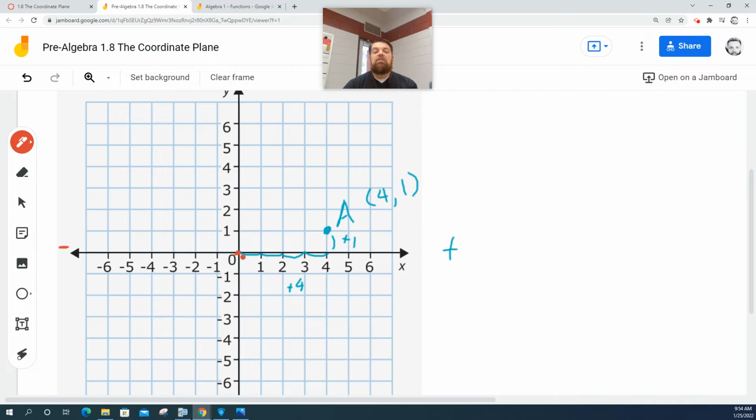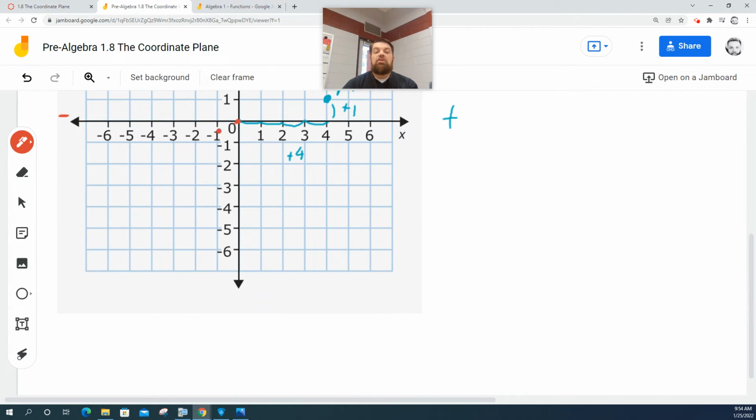But now, if I have a negative 3 for Y, do I go up or down? You go down, because the negative Y value is down. So I'm going to go down 1, 2, 3. This is the point B, which lives at 0, comma, negative 3.